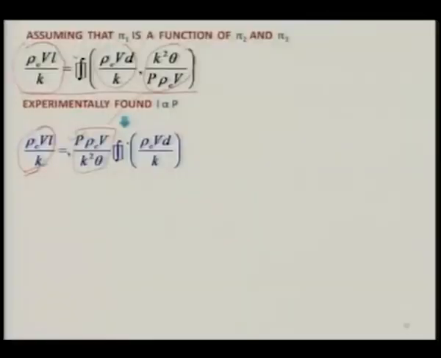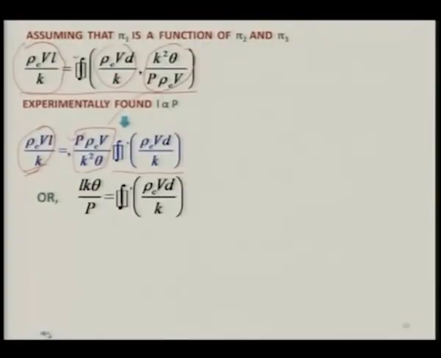So we can take the single power of this, and definitely this power is going to directly affect this parameter. So this is reversing, that means p rho c v becomes the numerator and k square theta becomes the denominator. That means we are still left with the relationship between rho c v L over k and rho c v d over k, which has to be evaluated.